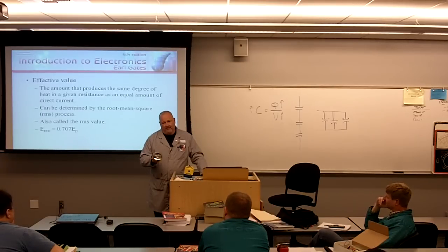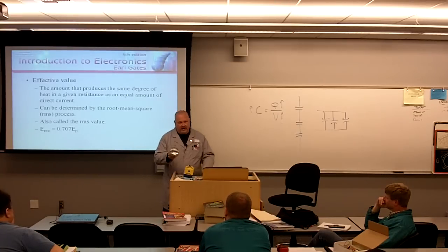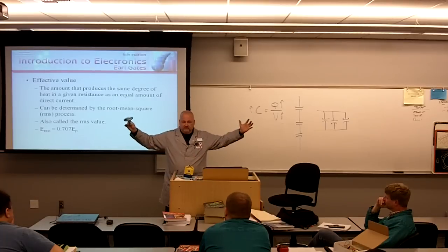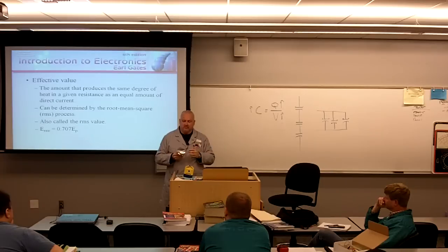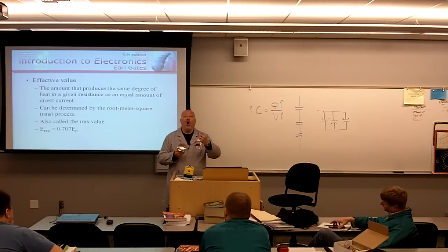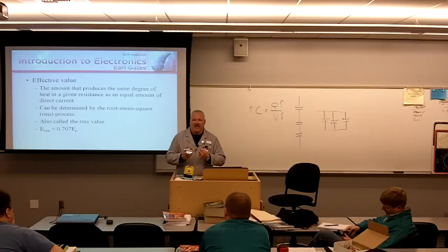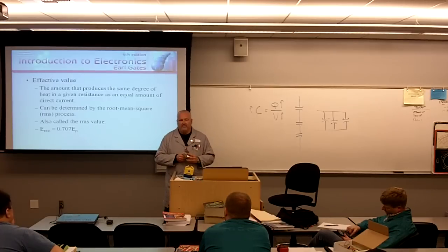This lamp, if I applied 12 volts DC to this lamp, it would be this bright. It'd be 100 watts bright. If I applied 12 volts, the same value of AC RMS, or effective value, you know how bright this bulb would be?